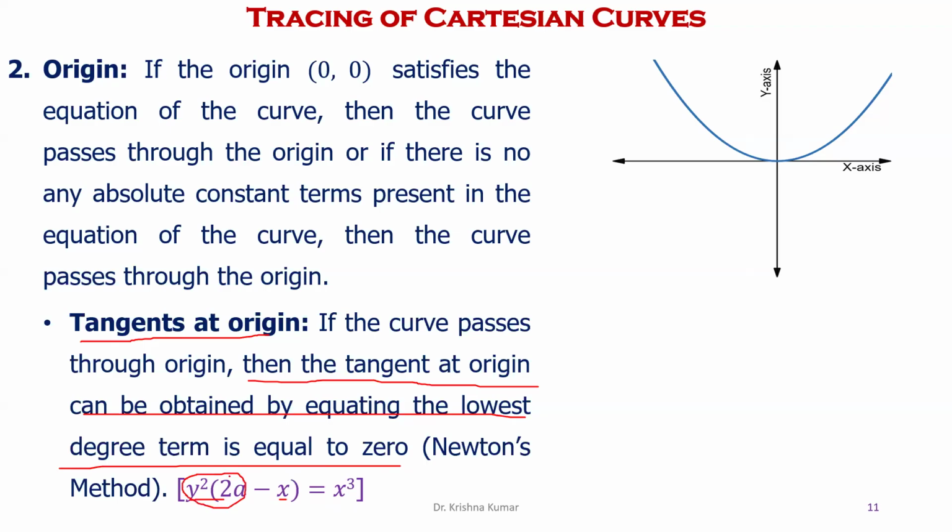If we take 2ay square equal to 0, we have y square equal to 0, or y equal to 0, which is the x-axis. So this is the tangent to the given curve at the origin. Either we can say the x-axis or the line y equal to 0 is the tangent at the origin; both have the same meaning.